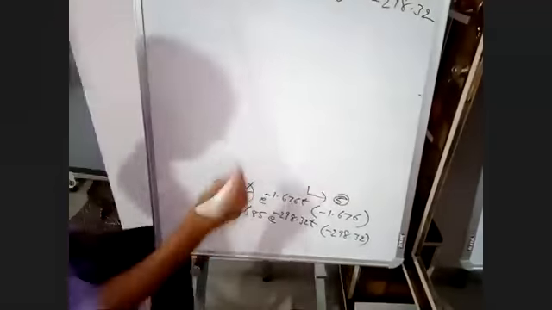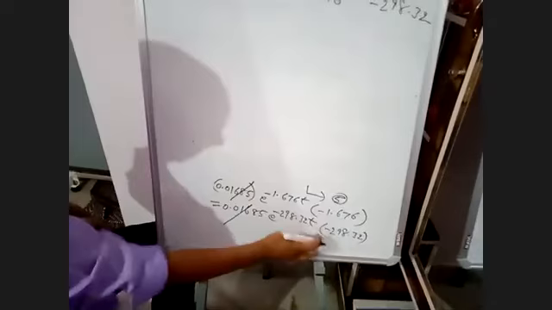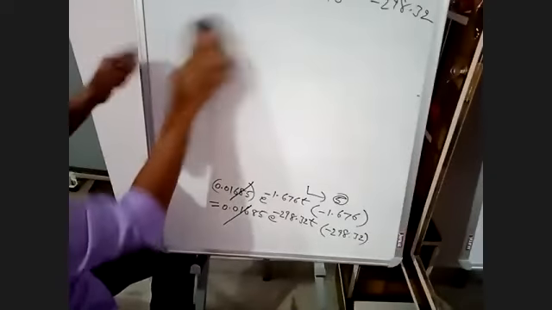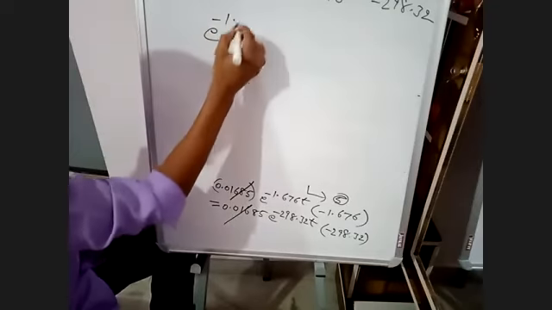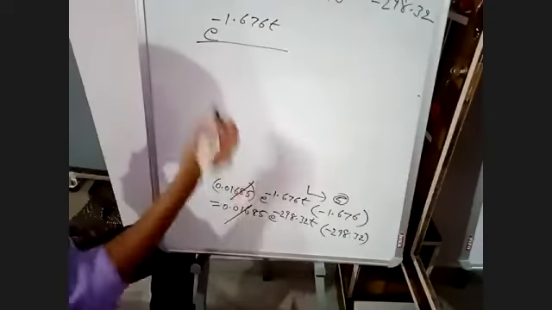Now see here, this negative and negative also cancel. 1.7 e power minus 1.6765 t. Bring this to this side.